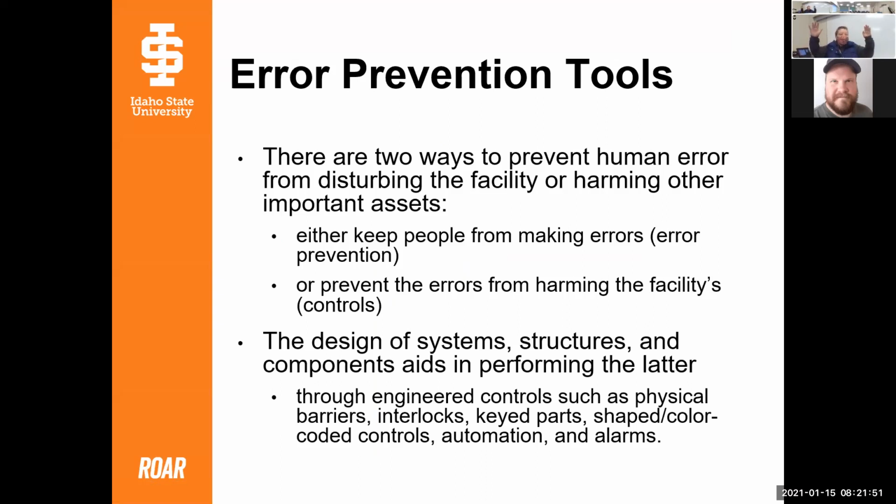This again is the most common part of that Swiss cheese model. If we know that there's going to be errors, there are holes in the cheese, let's put a bunch of slices of cheese together so that none of those holes actually go from the human to the consequence of harming the facility, right? So physical barriers, interlocks. Interlocks are the biggest thing.